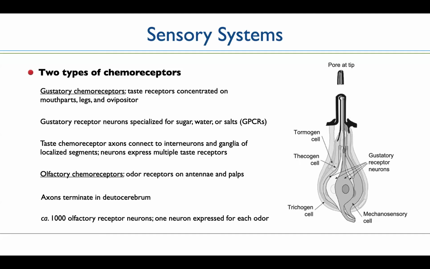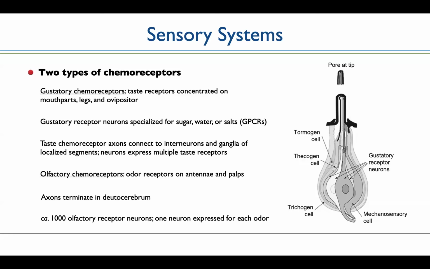They're all activated by G protein coupled receptors, or these secondary messenger systems that we talked about back in the neurophysiology nervous system section. These taste receptors have chemoreceptor axons that connect to interneurons and ganglia in different segments, whether it's on the mouthparts, legs, or ovipositor. And neurons can express multiple taste receptors, okay?